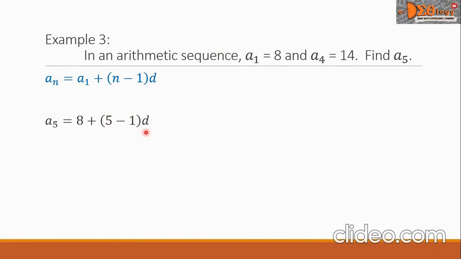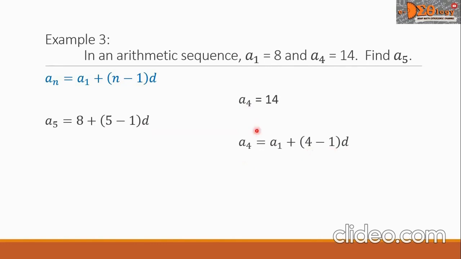So we need to get this value d by using the given value, which is a sub 4 equals 14. Using our general term formula with regard to a sub 4, we can write a sub 4 equals a sub 1 plus the quantity 4 minus 1 times d.